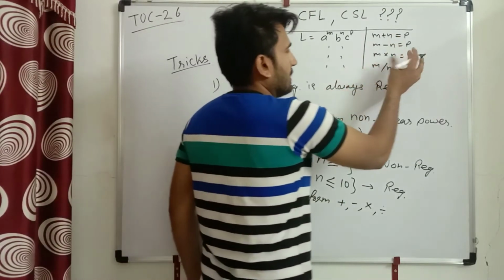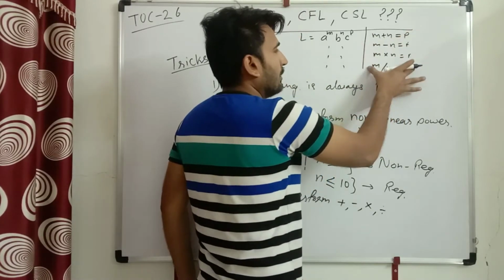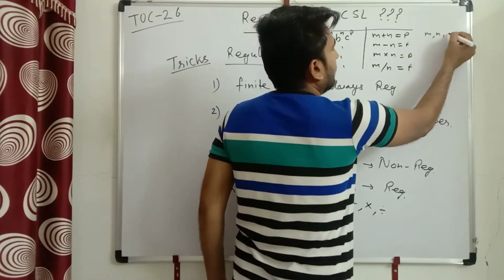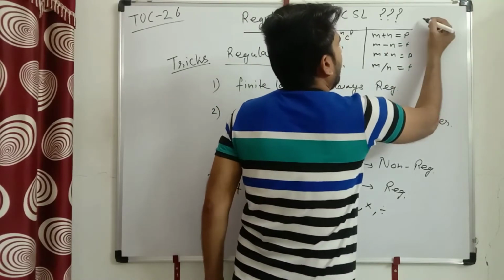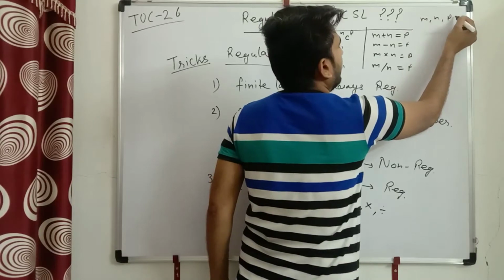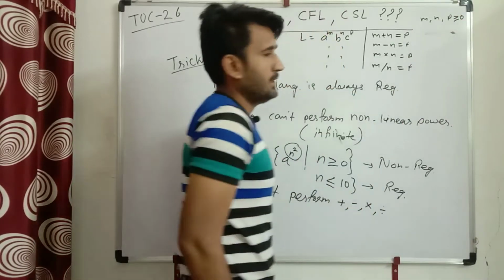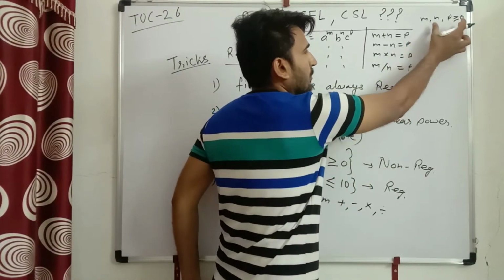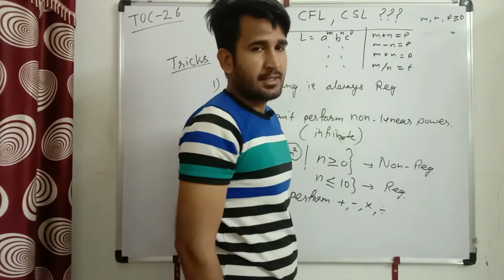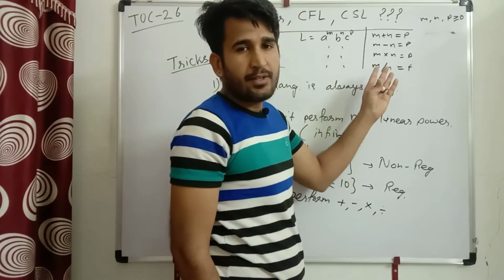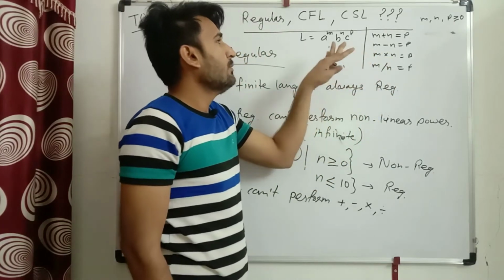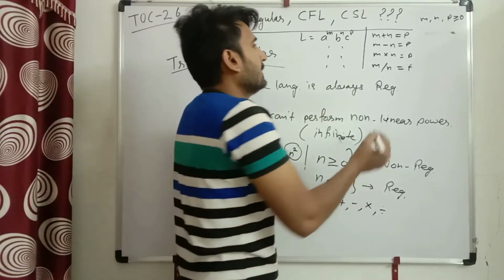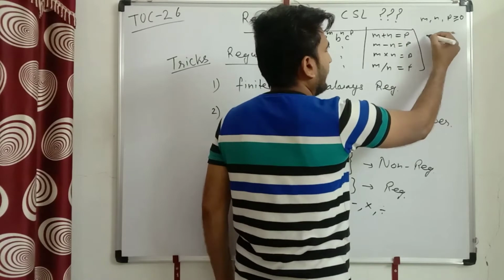It has all the operations, where m, n, p are all greater than or equal to 0. So these are infinite languages, and by seeing only we can say that they are non-regular languages.